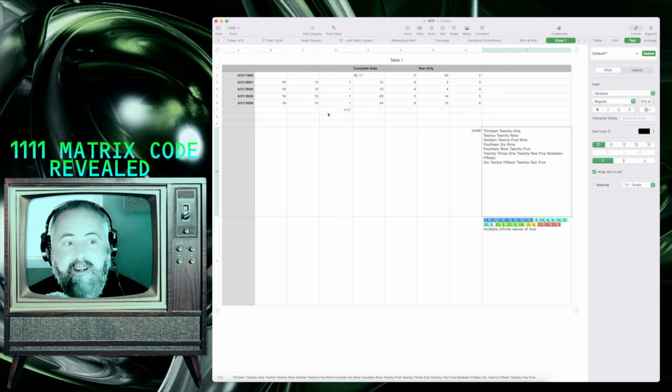Now, the simple phrase, multiple infinite waves of love. Well, what does that mean? Maybe it's telling us that the way of changing all of this is by changing the way we treat each other.